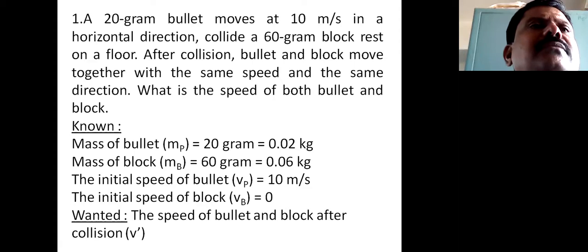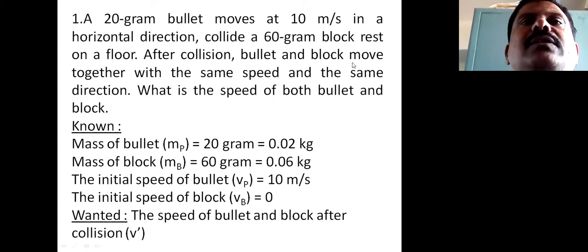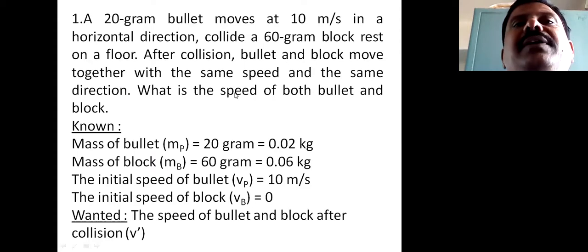The problem is: a 20-gram bullet moves at 10 meters per second in a horizontal direction and collides with a 60-gram block at rest on the floor. After the collision, the bullet and block move together with the same speed in the same direction. We need to calculate the speed of both bullet and block.